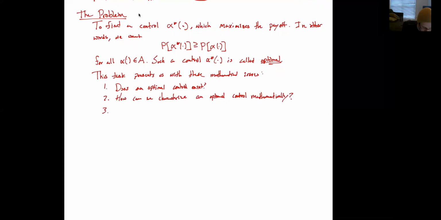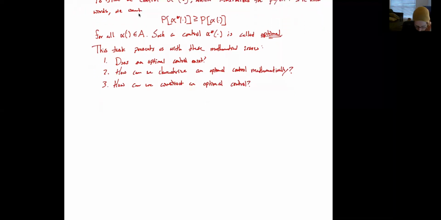Three, how can we construct an optimal control? And there's more. So the first one gets into, before even going through the process of designing an optimal controller, can we?